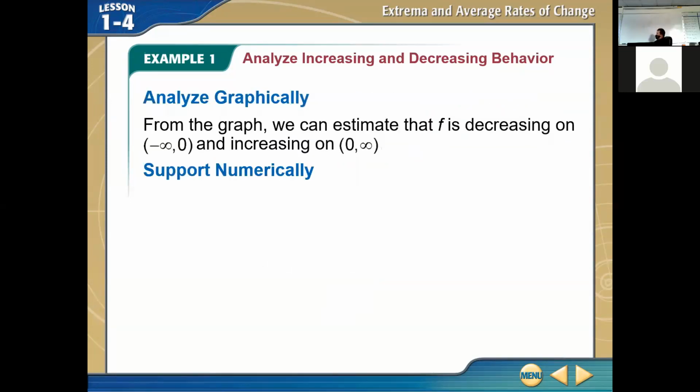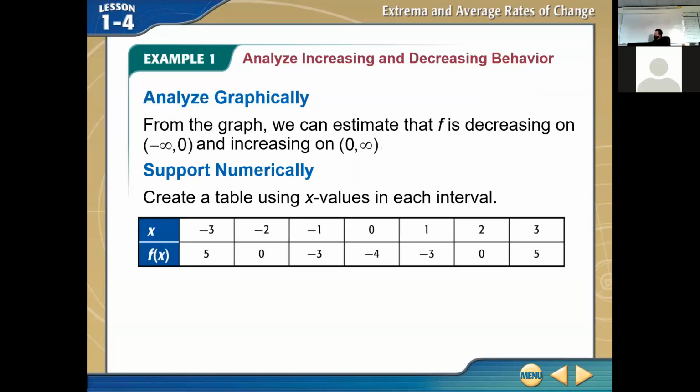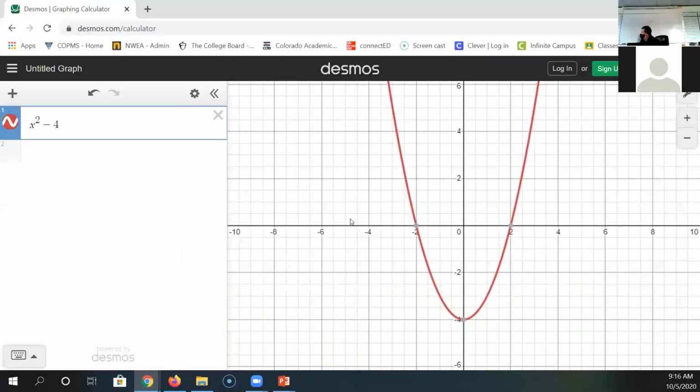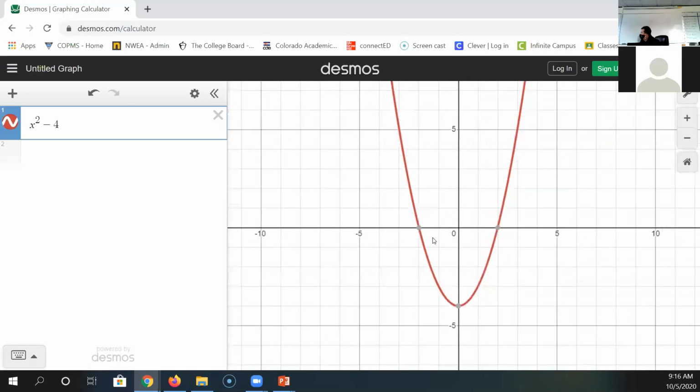Okay, but now it's time to support it numerically, and they create a table. This is where technology makes your life simple. You can pull answers from Desmos, like they had -3. When I click on -3, I get a 5.